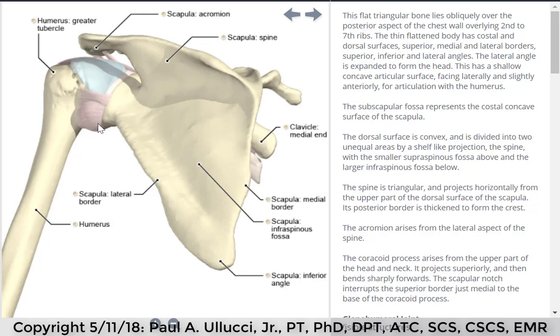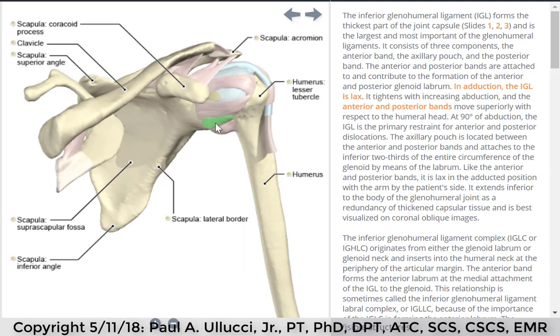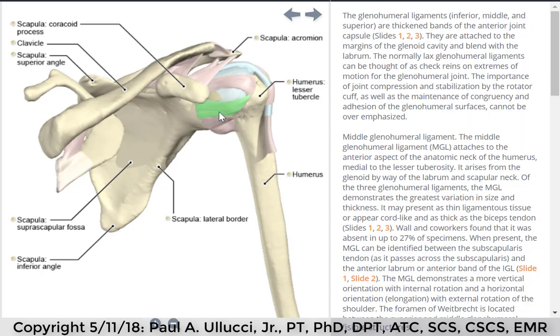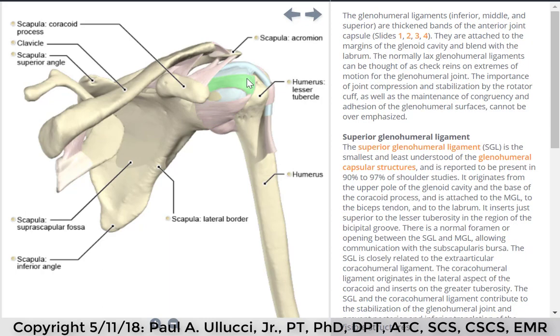It also gives you the axillary pouch of the inferior glenohumeral ligament, because this is the posterior side. This would be the posterior band of the inferior glenohumeral ligament. This would be the axillary pouch of the inferior glenohumeral ligament. This structure is actually the anterior band of the inferior glenohumeral ligament. This is the middle glenohumeral ligament. This is the superior glenohumeral ligament.